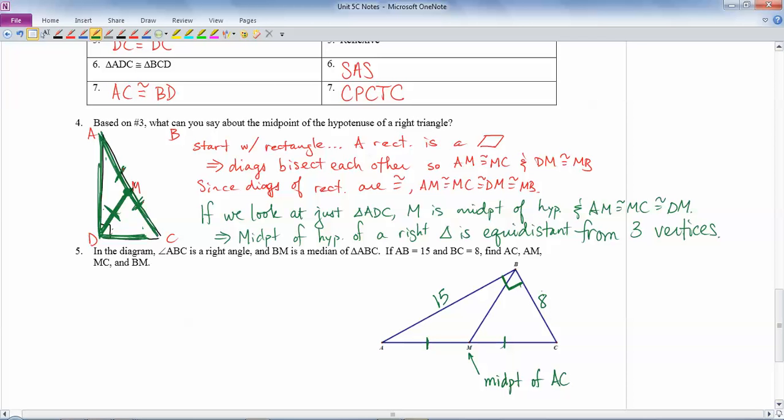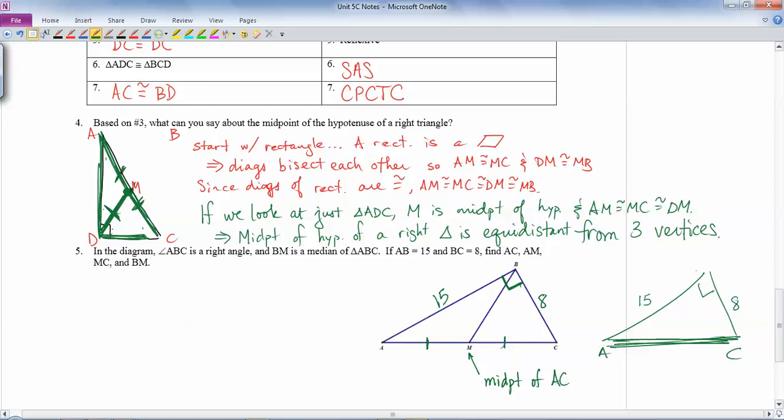Okay. So if I look at the big triangle, it's got a right angle here, 8 and 15. One of the sides I need is AC, right? Well, AC is the hypotenuse.